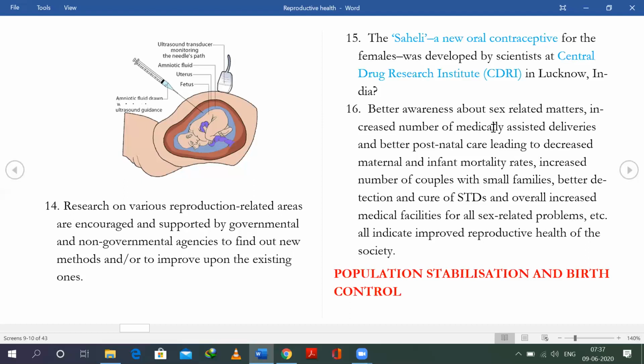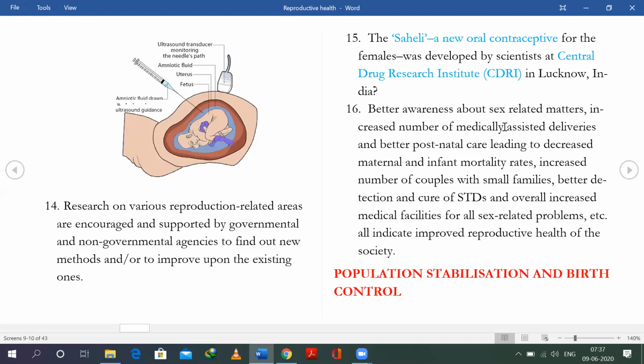Once institutional deliveries have taken place, we have the postnatal care, the importance of breastfeeding, what kind of care a mother has to give her child, and what kind of programs the government offers for the fetus, the child, and the mother. That is the postnatal care.